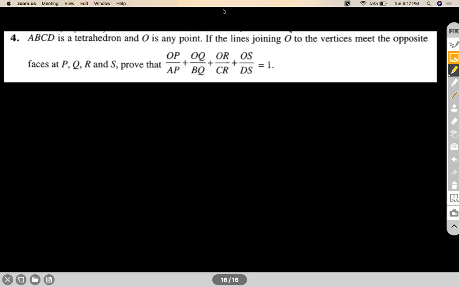The tetrahedron is just to give you that A, B, C, D are non-coplanar points.